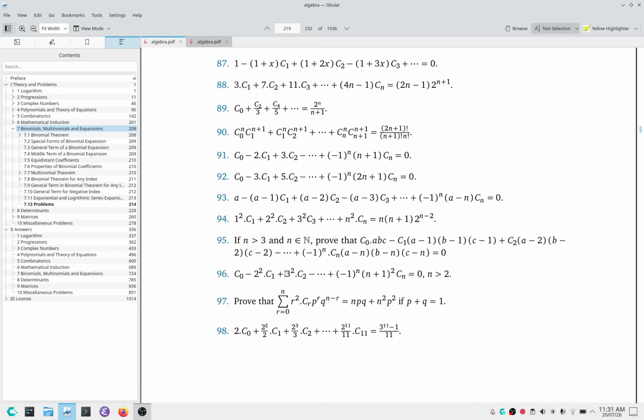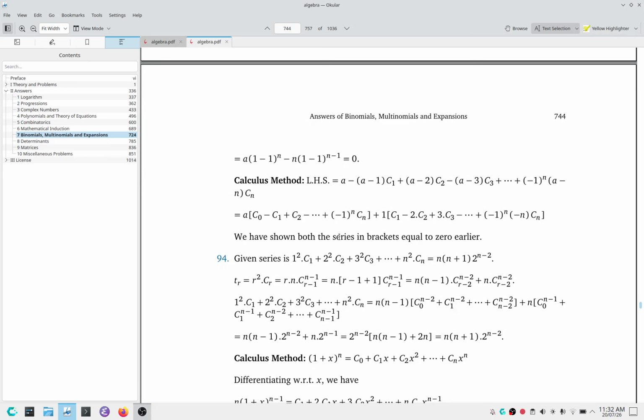Question 94 says that we have to prove that 1 square times c1 plus 2 square times c2 plus 3 square c3 up to n square cn is equal to n times n plus 1 times 2 to the power n minus 2. So here the sum has to be shown to be n times n plus 1 times 2 to the power n minus 2.